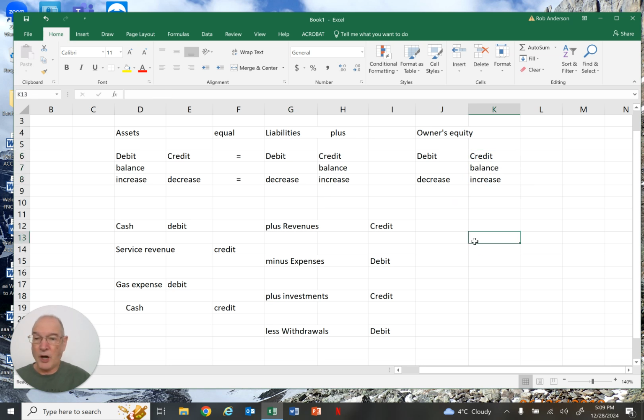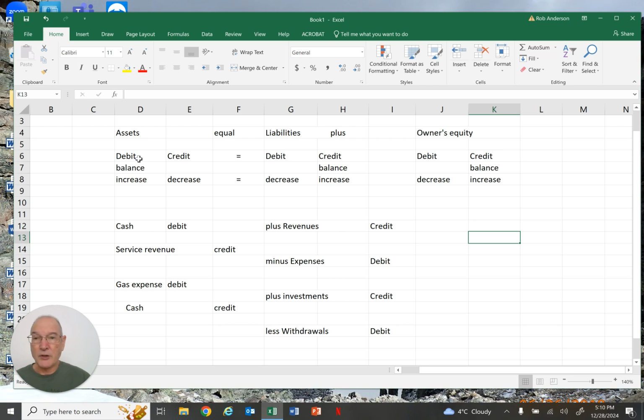Now, the opposite happens if the owner draws money out of the business. So let's say you've had lots of revenue, not too many expenses, and you have lots of money in the bank, in the business, and the owner says, I'd like to have some money. So the owner might decide to withdraw cash from the business. If the owner takes cash away from the business, that's an asset going down. So we decrease cash.